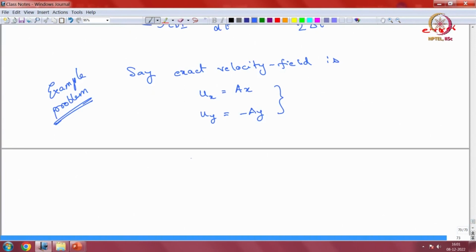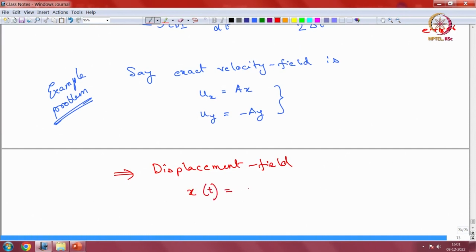So, now in order to do that we have to first calculate the displacements. So, we know that when the velocity field is given, the displacement field is also automatically known, and that you can get by integrating the equation above.